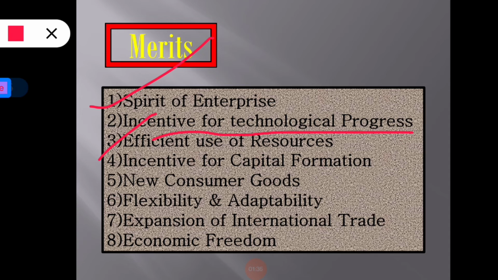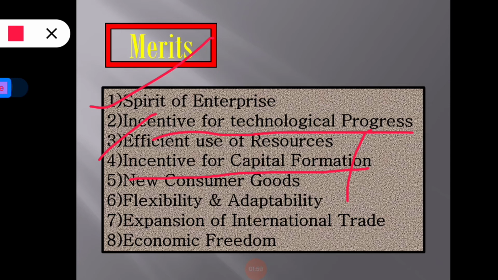Now move on to the next one, that is incentive for capital formation. In a capitalistic economy, the desire to earn more profits provides motive for higher investment. A higher level of saving and investment leads to higher income and a higher rate of economic growth.